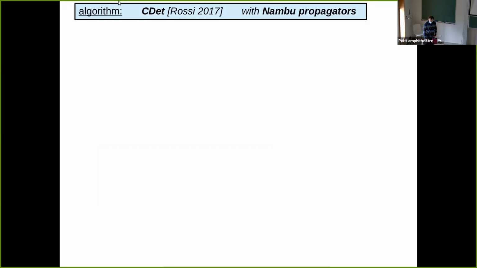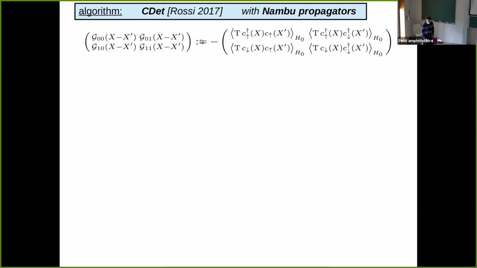So in terms of the algorithm, we use Rossi's connected determinant algorithm. The only difference is that here we have to use Nambu propagators, meaning that propagators have this standard 2x2 matrix form, like in BCS theory, where on the diagonal you have the normal propagators, and off diagonal you have the anomalous propagators, where you either create 2 particles or destroy 2 particles.